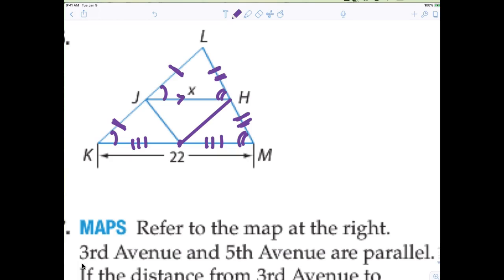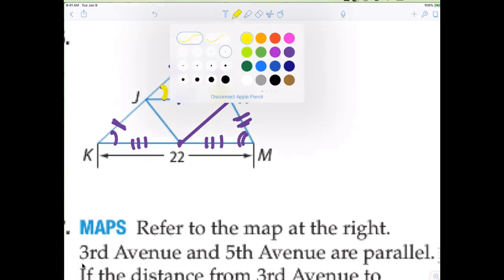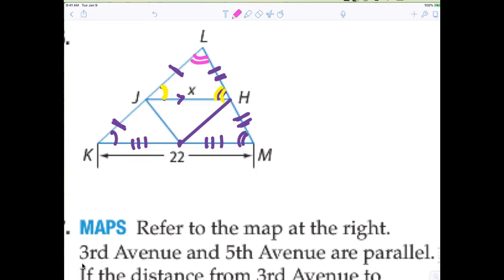I know that this has 1 mark, this has 2 marks. So what am I going to probably do to L? Put 3 marks. 1, 2, 3. Now, what you're trying to realize is that those angles are going to be reproduced in the other triangles.